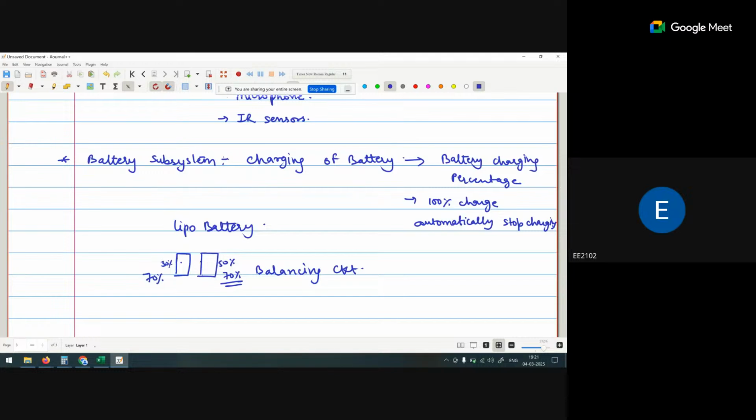So mainly these subsystems are the important subsystems in any electronics product. Along with that, some additional subsystems are also there.